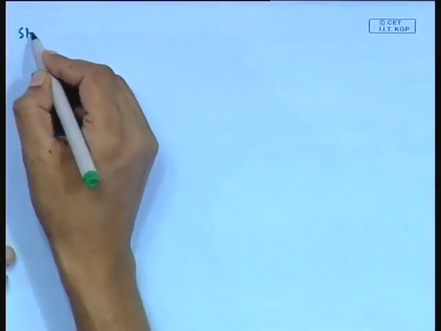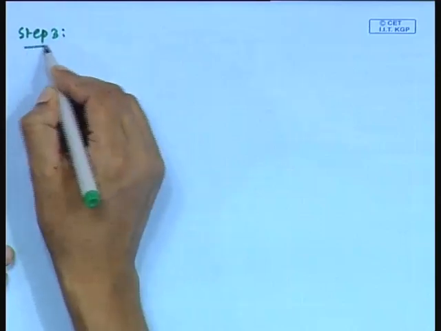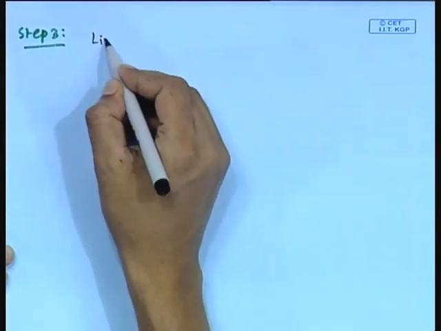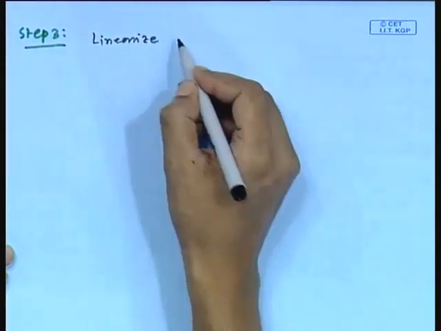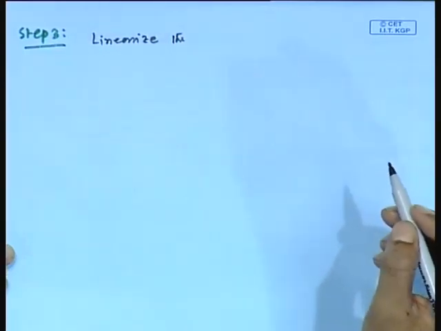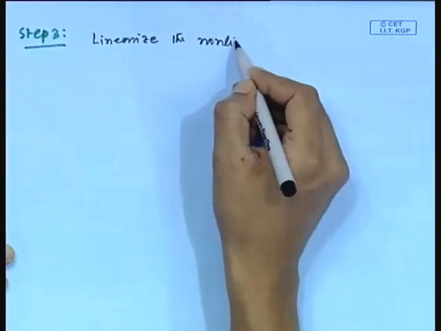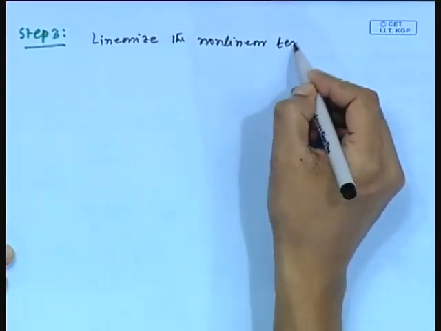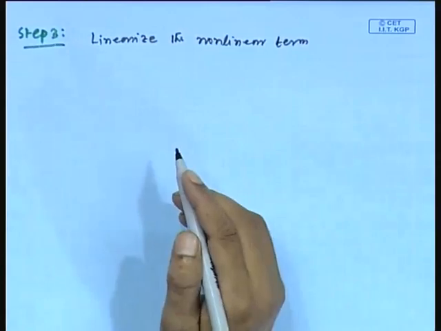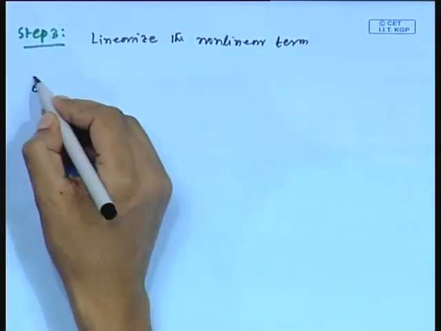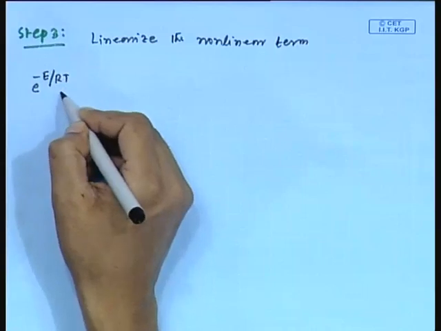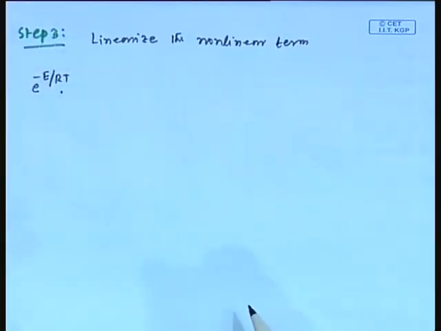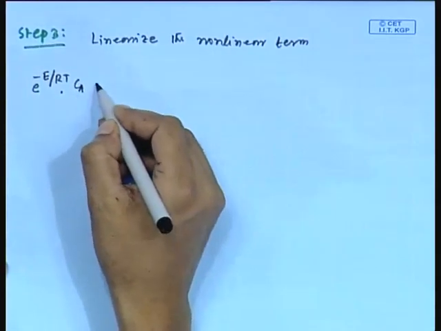So, step 3: linearize the nonlinear term using Taylor series expansion. That is exponential of minus E divided by RT multiplied by CA.